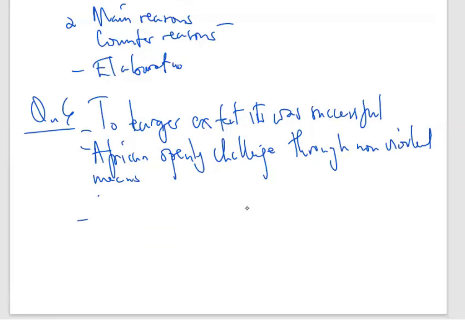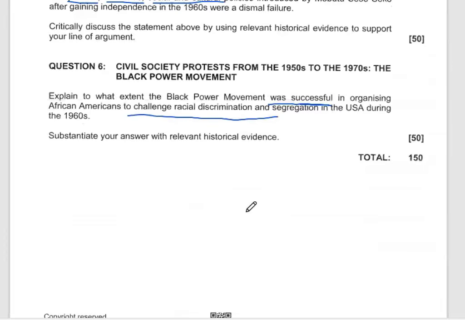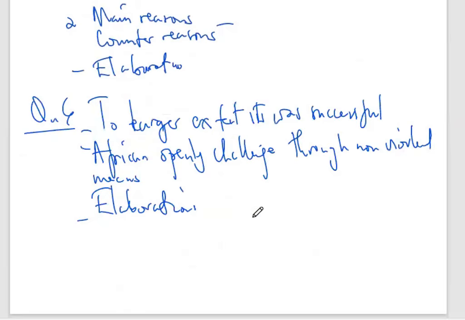Then you elaborate. What historical evidence are you going to use? This essay is going to prove the success of the Black Power movement in resisting segregation and discrimination in the USA in the 1960s.